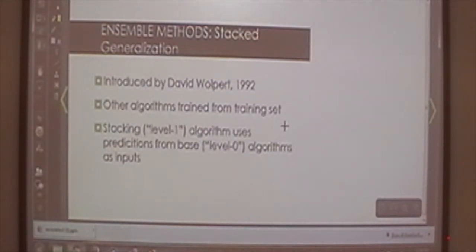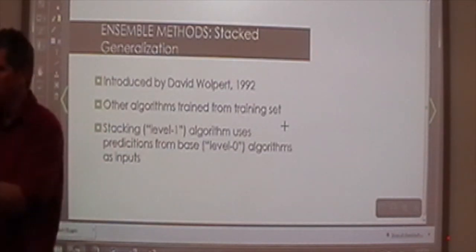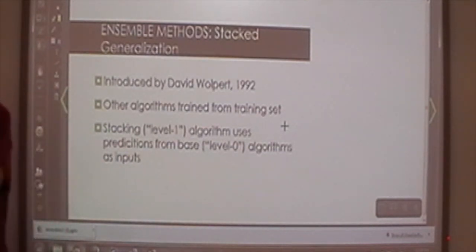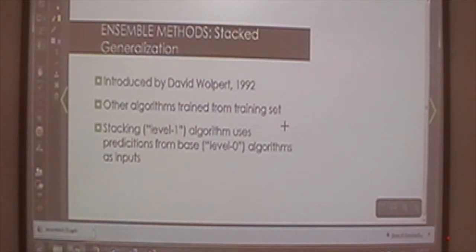And what we're going to be looking at is the stacking refers to using our initial classification from each of our what are called level 0 algorithms to build what we call level 1 algorithms. And I'll go through some of the details here.